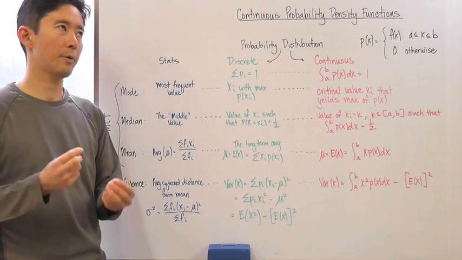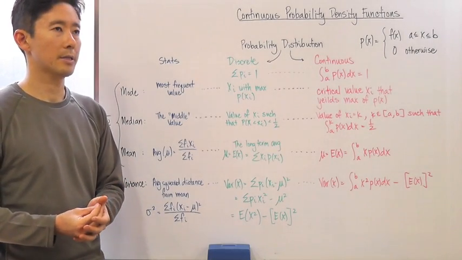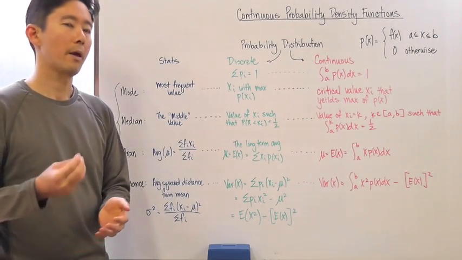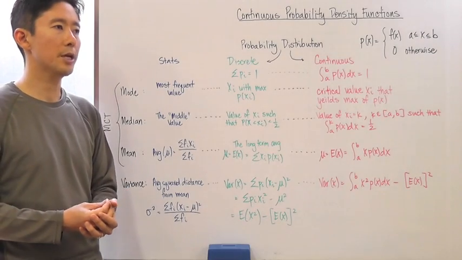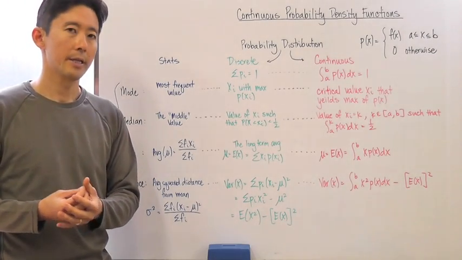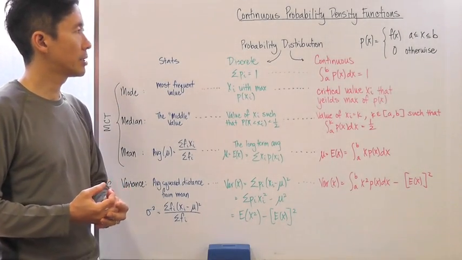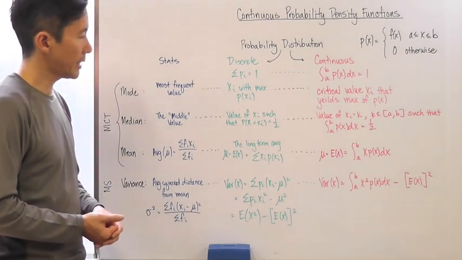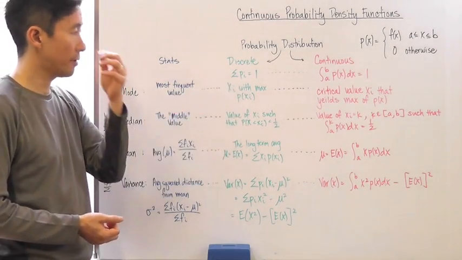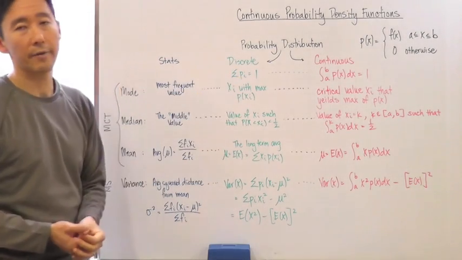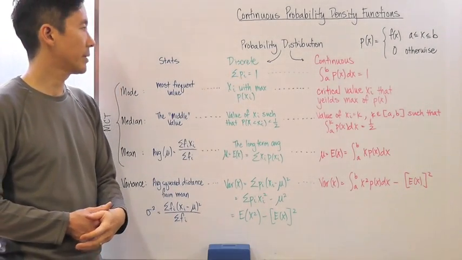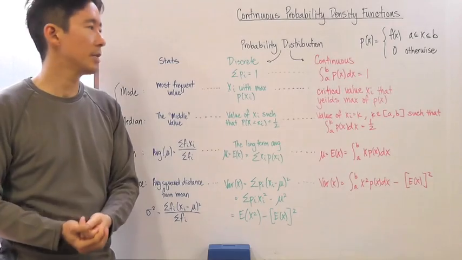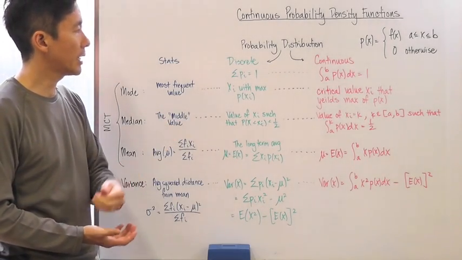We said that if we have values of x that are countable and have probabilities associated with those values, then we could come up with a discrete probability distribution. So what we said initially was that, first of all, the probabilities have to sum to 1, and that's going to be consistent with probability in general, and even for the discrete case.